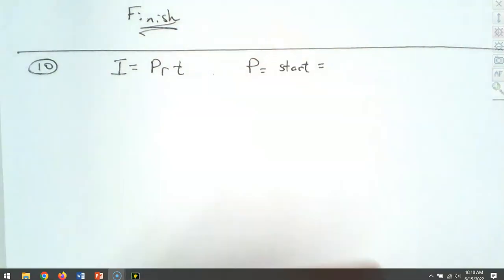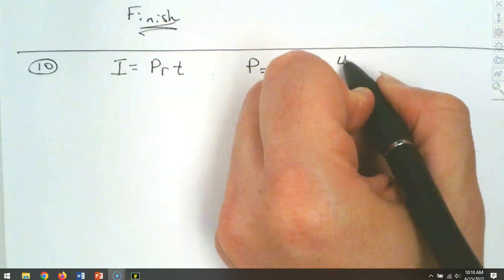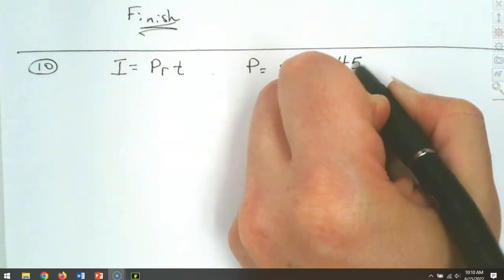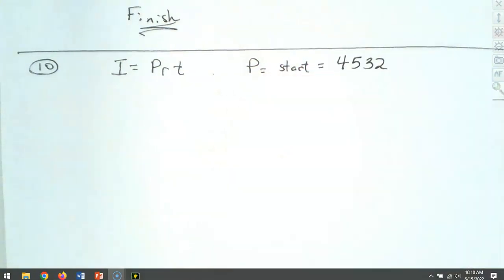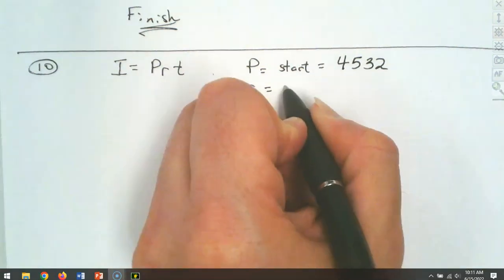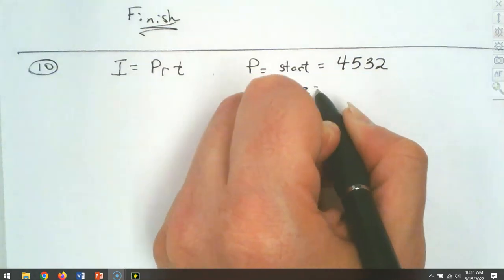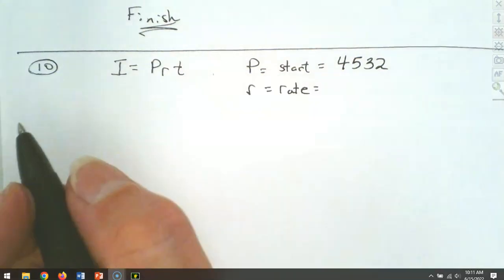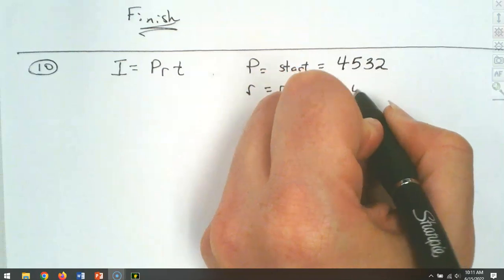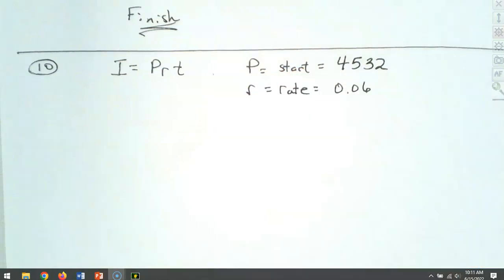And Levi took out this loan, and this loan started for $4,532. And R is the rate as a decimal. And it's 6%, so as a decimal, it's 0.06.